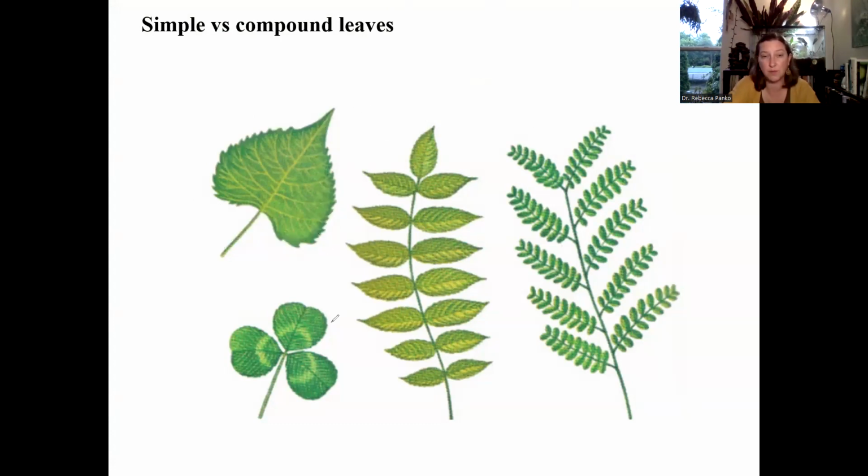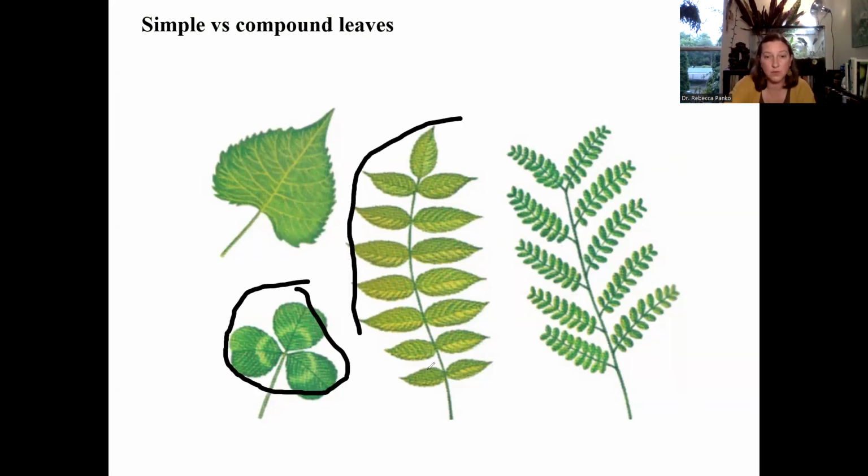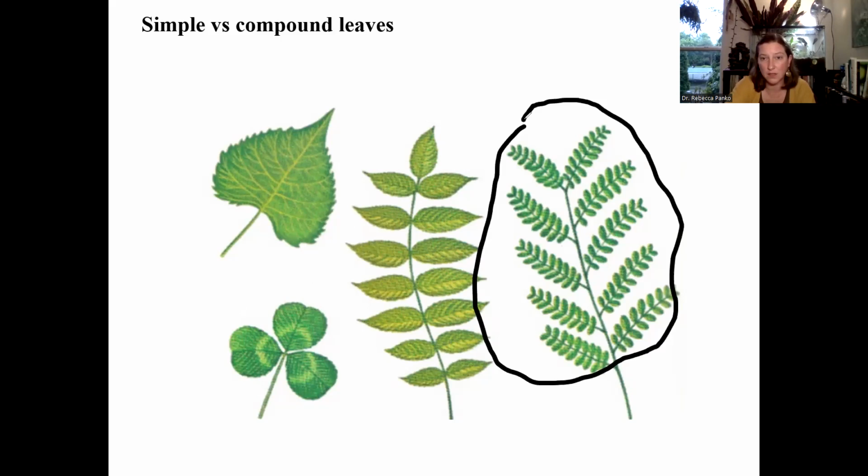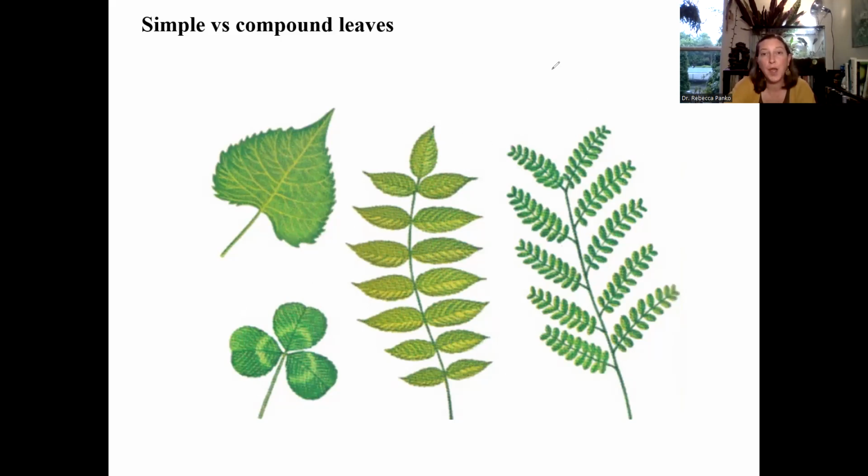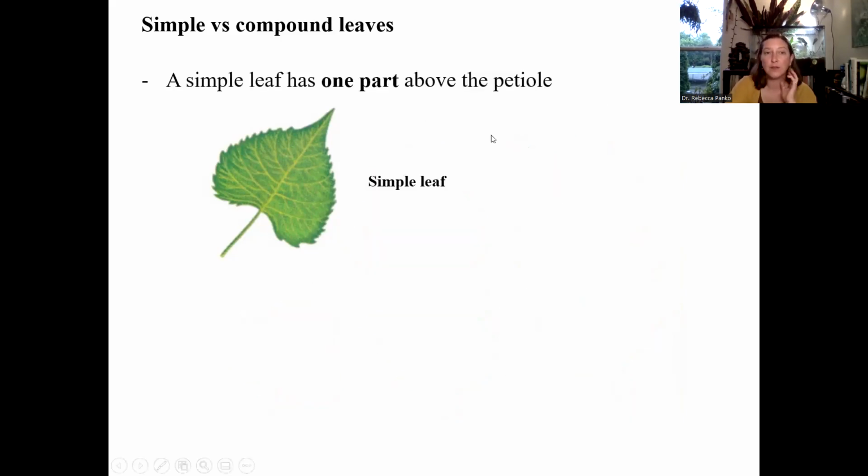Whereas here, there's 3 things on top of the stem. Here, there's what? 9 or 12 things. And then here, who knows? Wow, lots more things on top of that stem, right? 30 things. So how do we call these different compound leaves, right? The simple leaf, I just said, has only one part above the stem or the petiole.